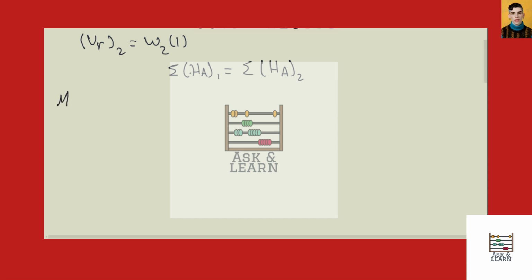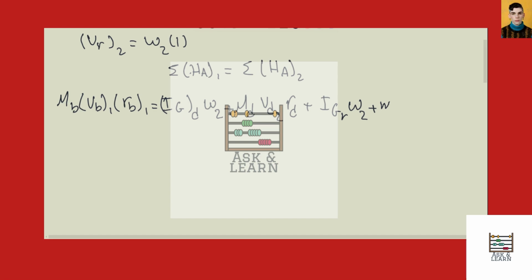So we have MB times VB1 times RB1 equals IgD omega 2 plus MD VD2 RD plus IgR omega 2 plus MR VR2 multiplied by R plus MB times VB2 times RB2.